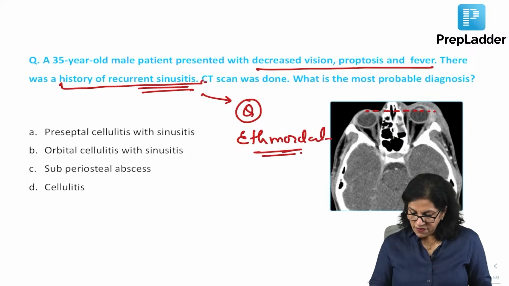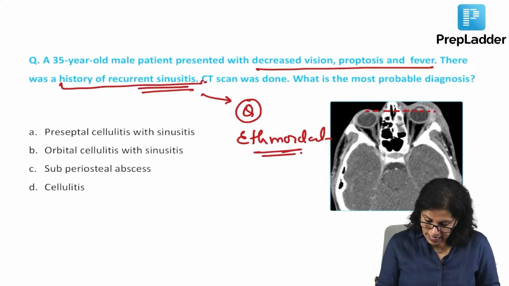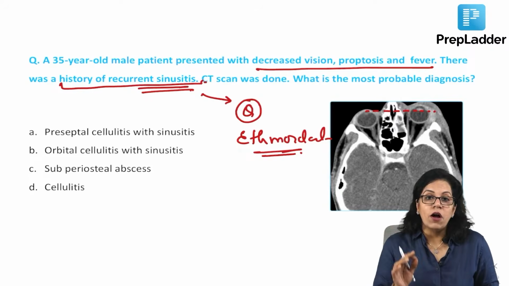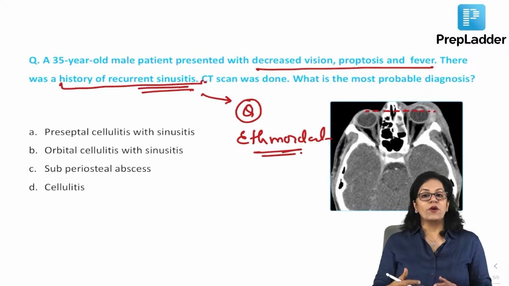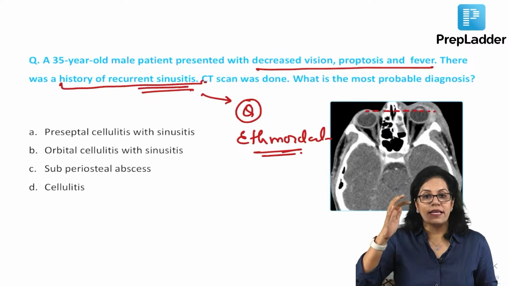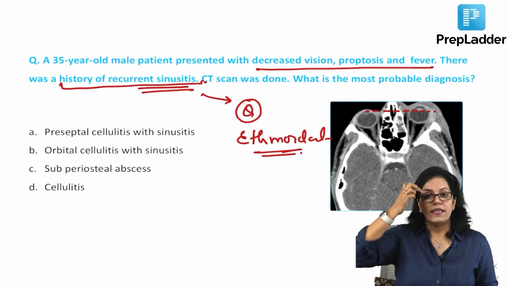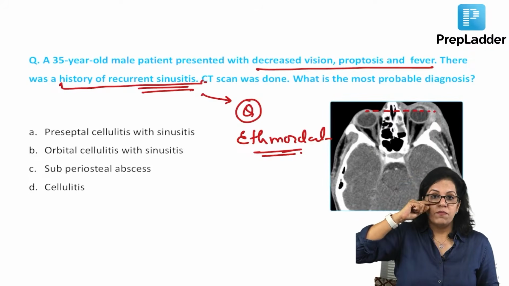This is one question. Anyway, the CT is in front of you. What is the most probable diagnosis? One by one. Is it preseptal? Preseptal cellulitis will not present with proptosis. Do you all remember, I have taught you what the orbital septum is, and I will explain again in the most basic way. This is the upper lid, this is the lower lid. The posterior margin of the tarsal plate is here, and this is the bone, there is a gap. Same here. Wherever the tarsal plate ends and this is the bone, there is a gap.